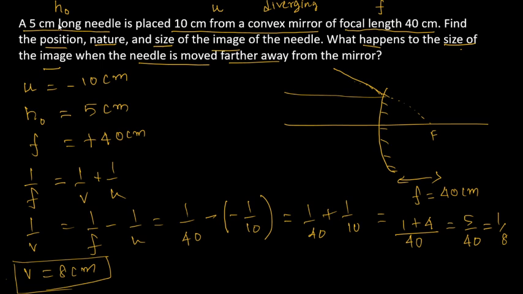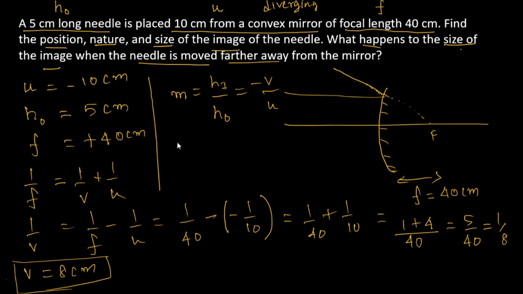So you have U and V. Based on that we can get the magnification, right? The magnification can be given as the ratio between height of the image and height of the object, or it is also equal to minus V divided by U.